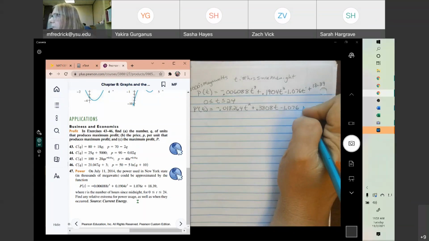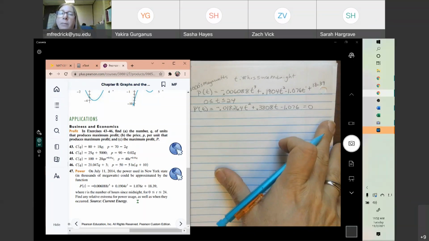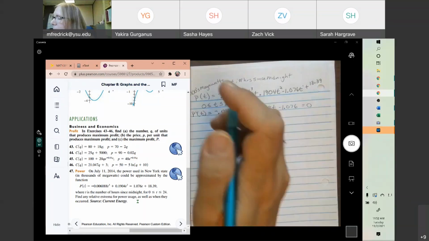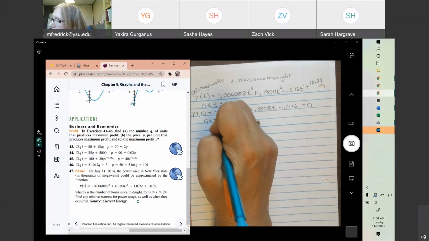When we set the derivative equal to 0, that will give us our critical numbers. I'm not going to try and factor it. I'm going to use the quadratic formula.